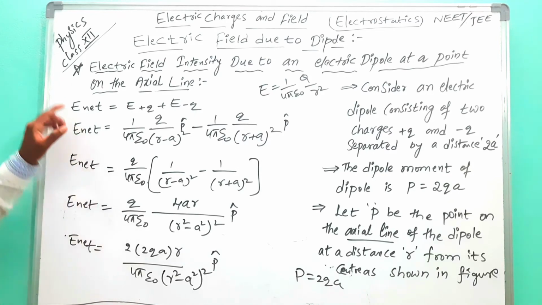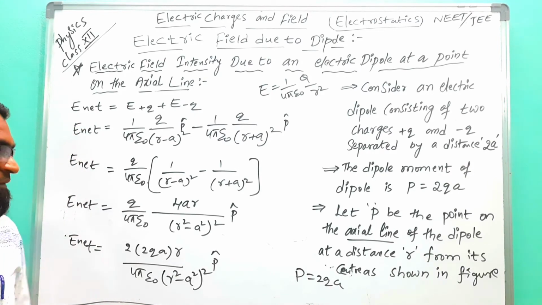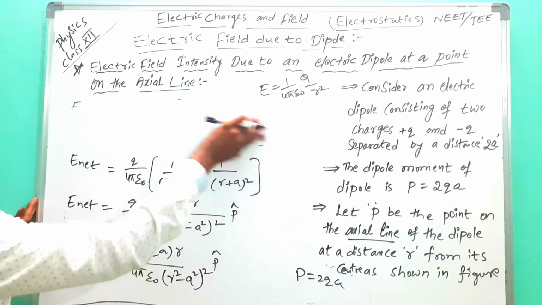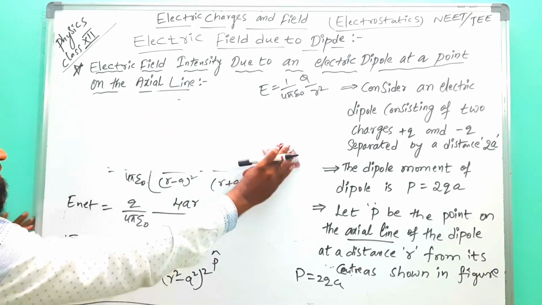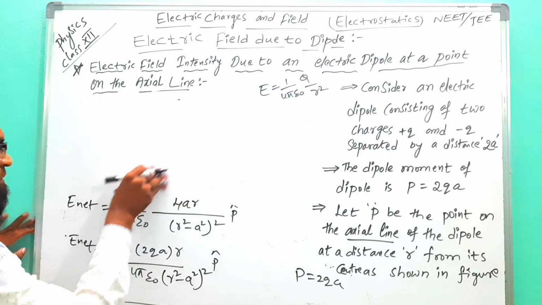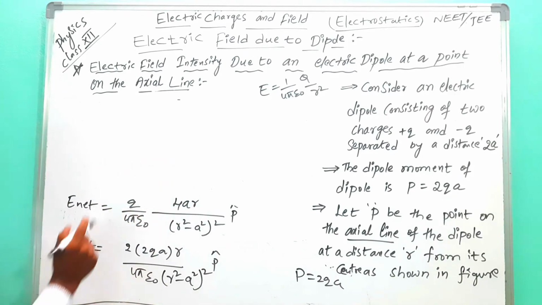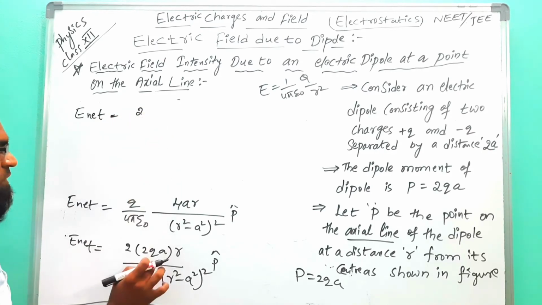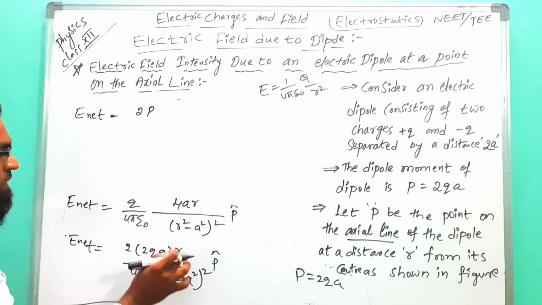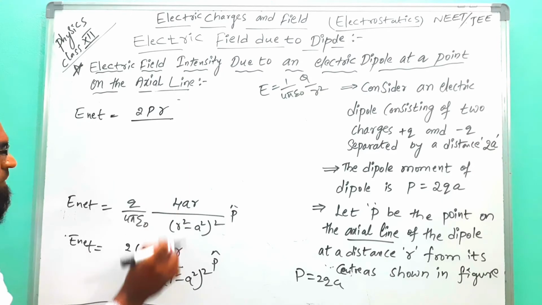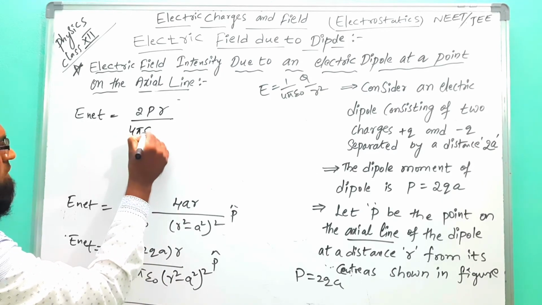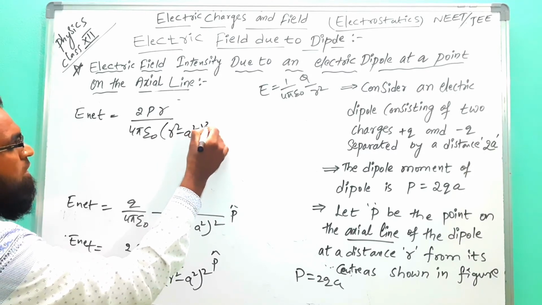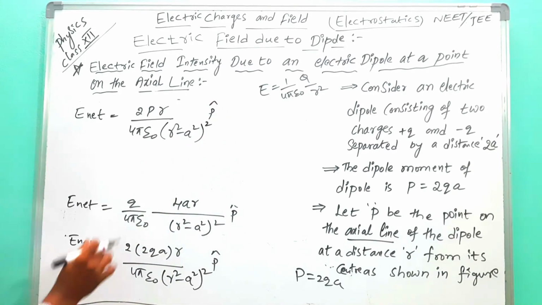After that, E net equal to 2 into p, the dipole moment, and r by 4 pi epsilon naught, over r square minus a square whole square, times p cap.